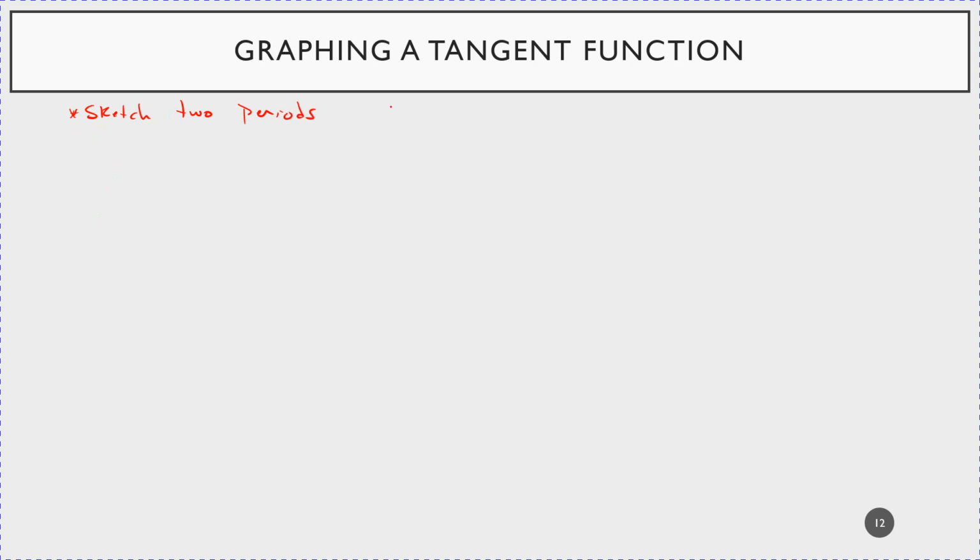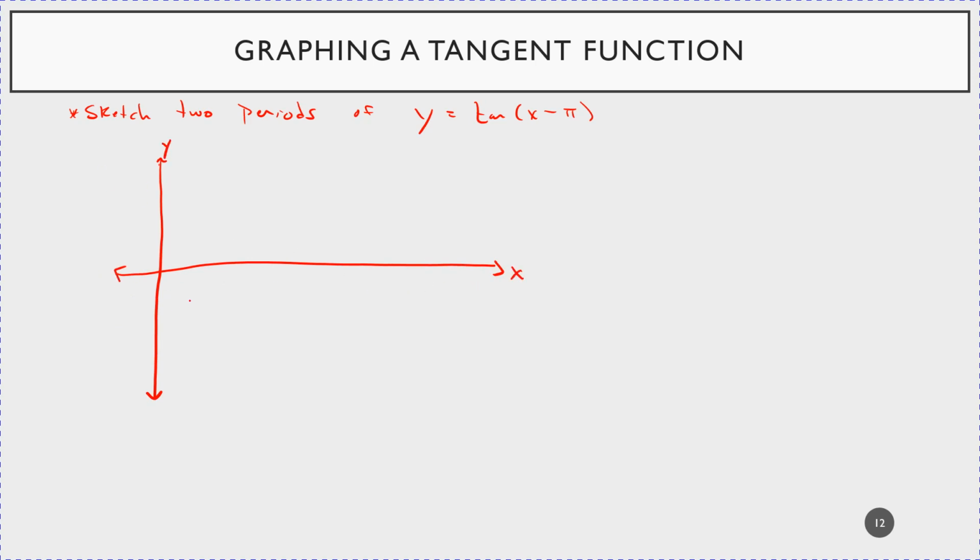Sketch two periods of y is equal to tangent of x minus pi. Okay, so the first one is going to be at pi over 2. I'm sorry, I wrote negative pi over 2, it was just pi over 2. Sorry. Then I'm going to need the midpoint, and then it's going to be over at 3 pi over 2.